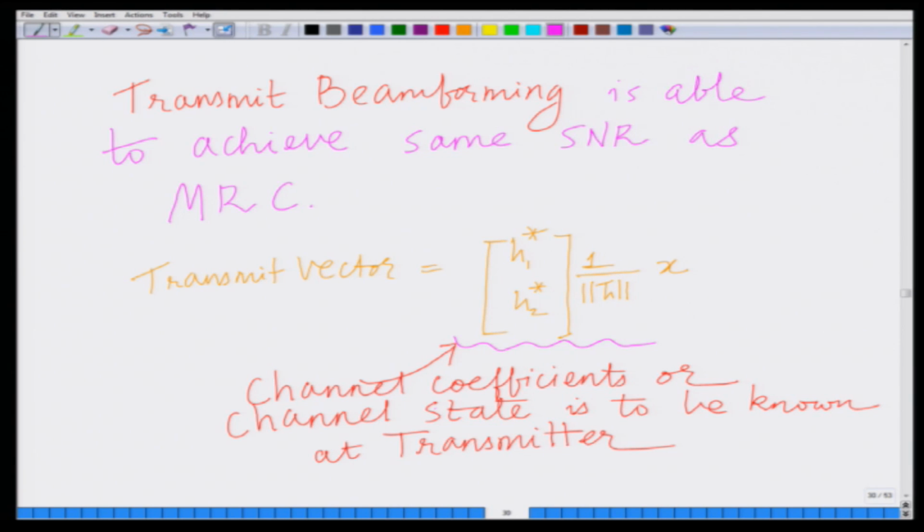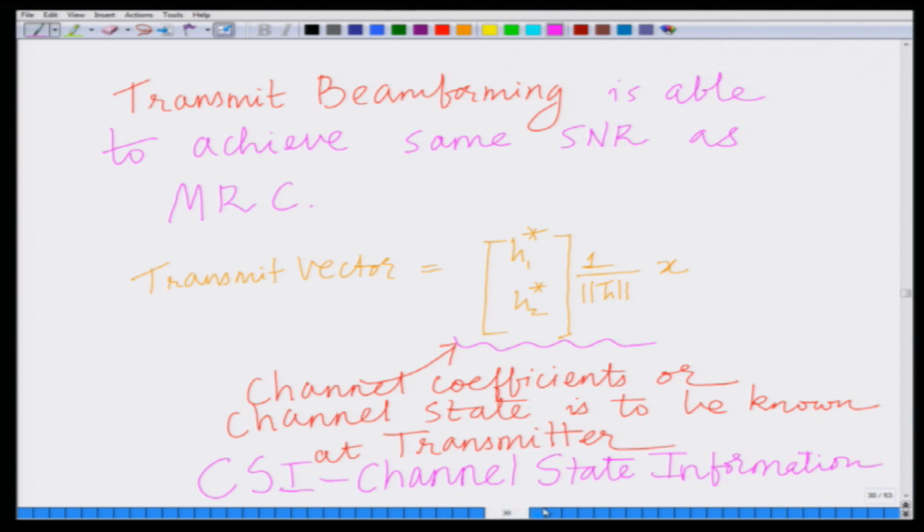This is channel coefficients or channel state, also known as channel state information, CSI, which is channel state information.